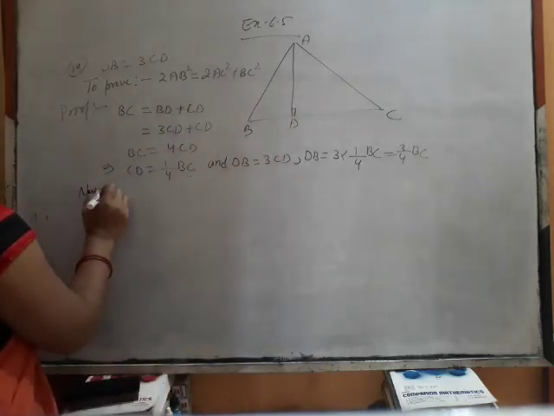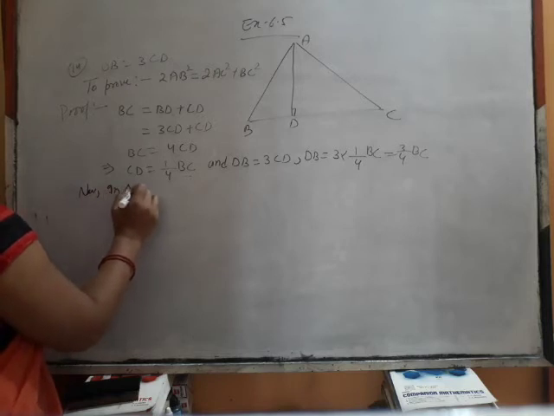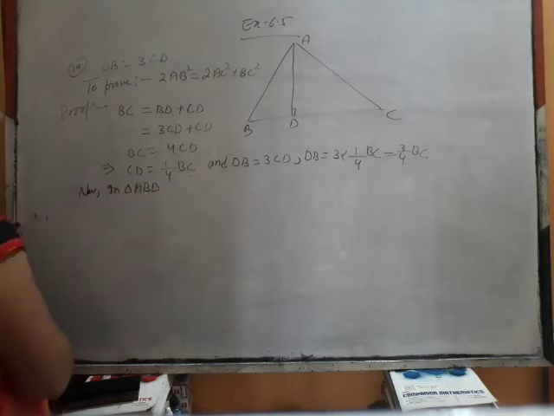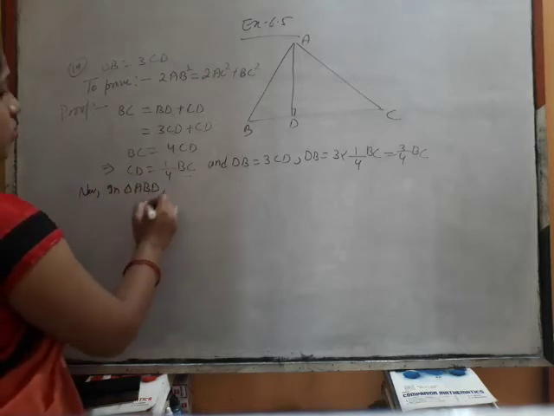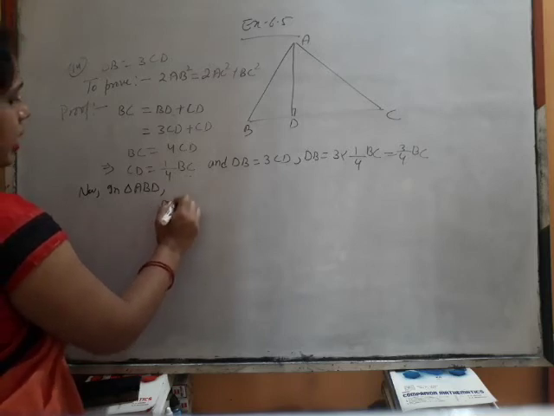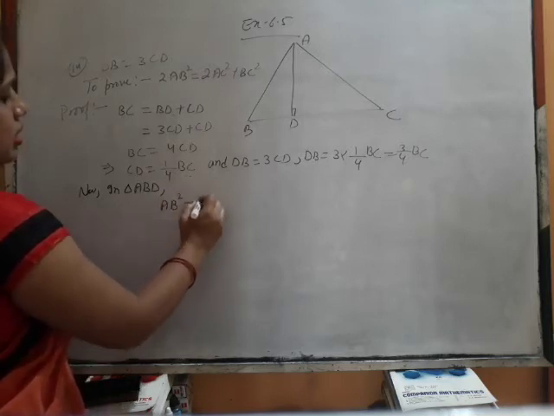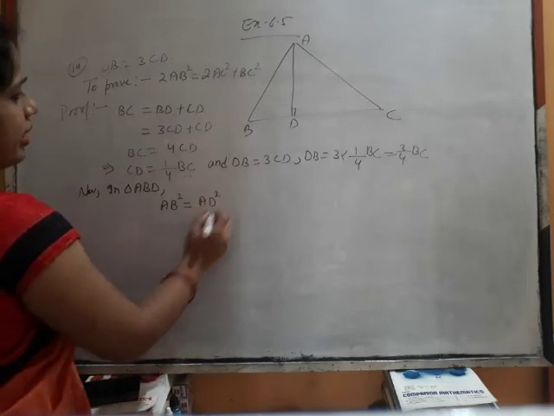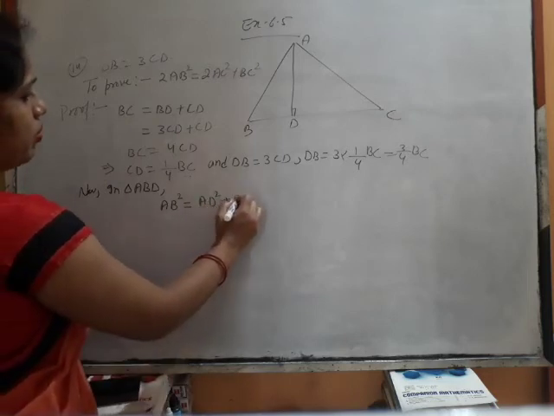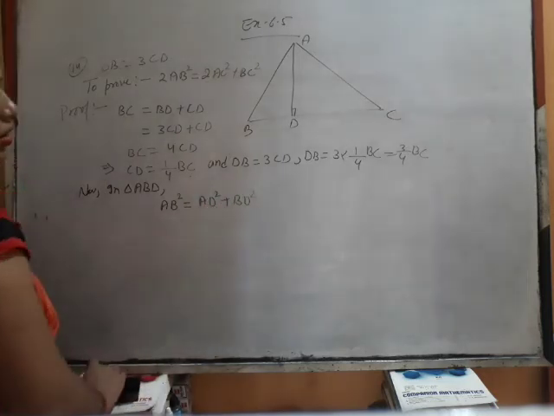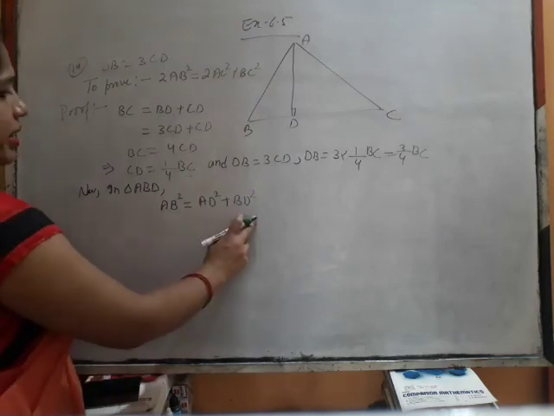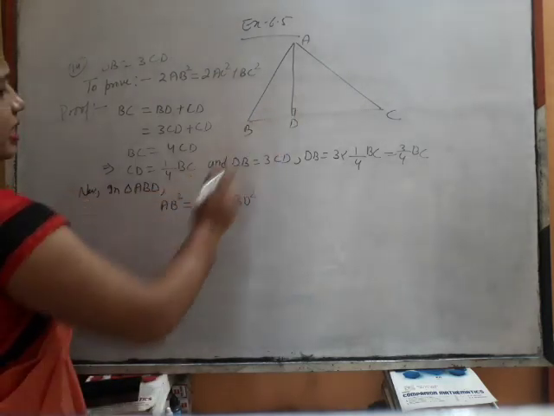Now in triangle ABD, we have AB square is equal to AD square plus BD square, and we also need AC square.